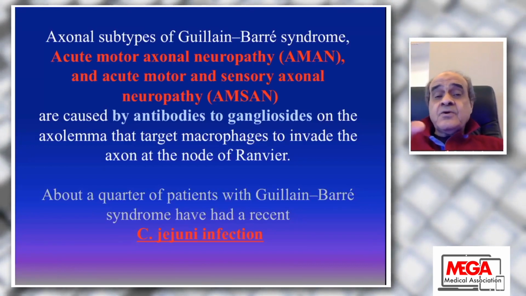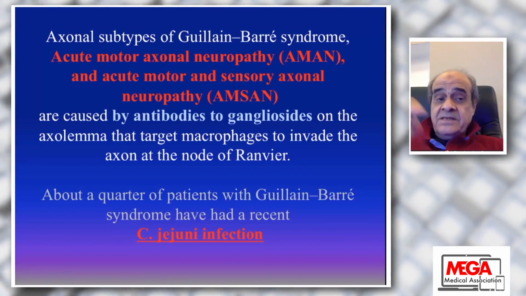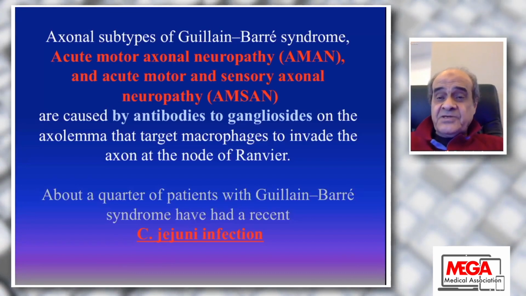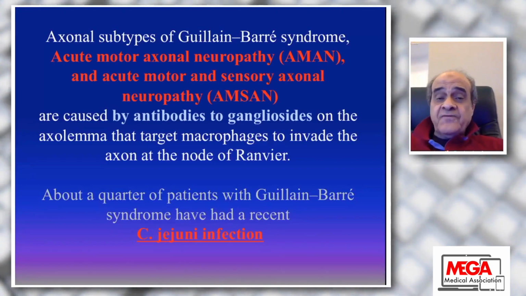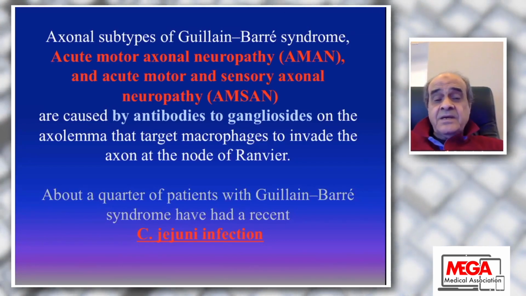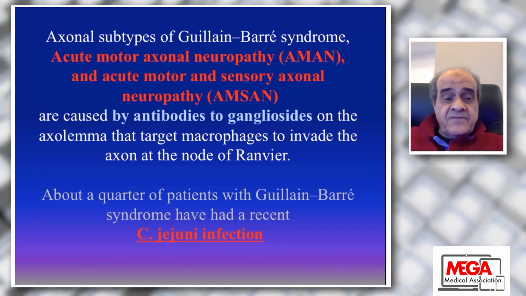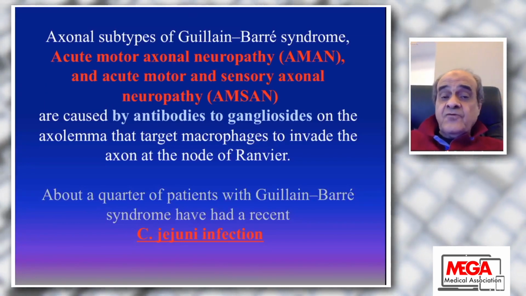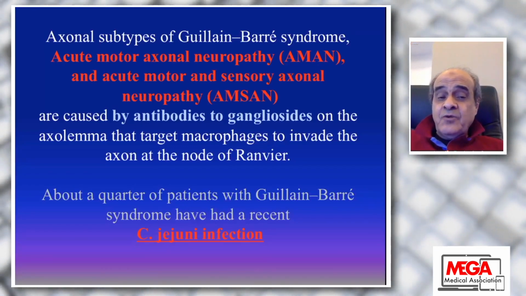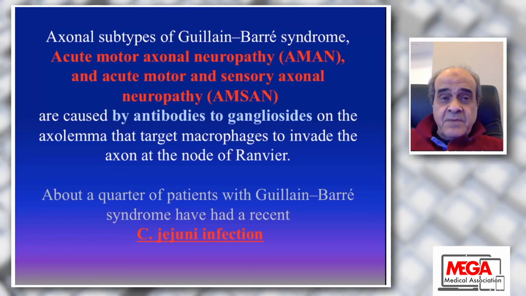It is caused by antibodies which attack the gangliosides at the axolemma of the nerve, with complement activation and invasion of macrophages to the axolemma, causing edema of the nerve, and in some other types demyelination of the nerve. About a quarter of patients with Guillain-Barré syndrome had Campylobacter jejuni infection, so try to check for this microbe.